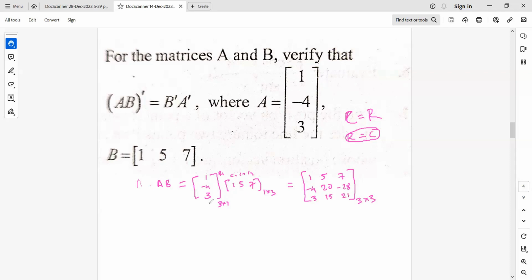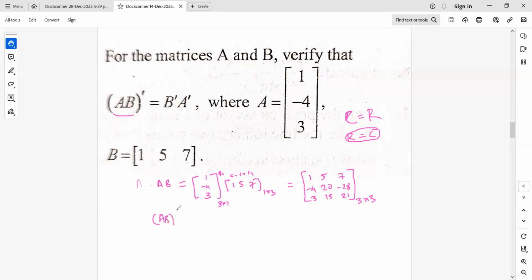So here we have found the LHS of the given equation. We found AB, but in the question they have asked for AB transpose. So one extra step we need to do: convert the rows into columns.